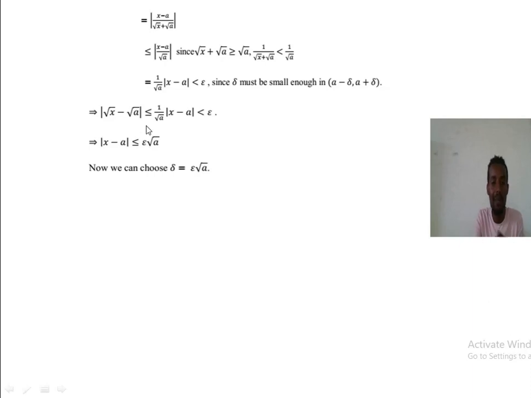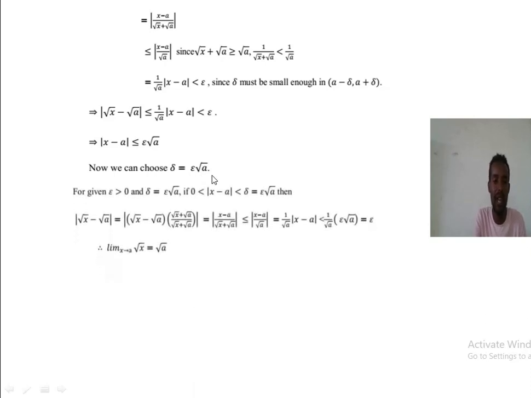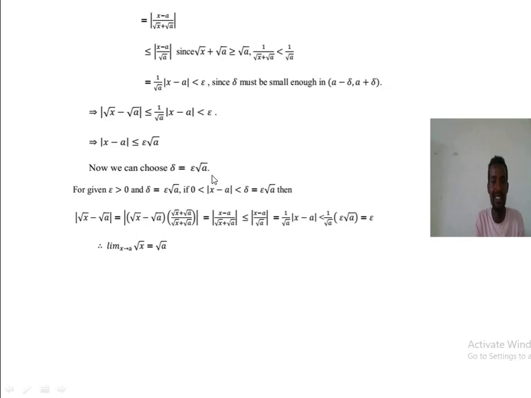Now, by comparing the left and the right hand side, we choose delta as epsilon over epsilon times square root of a. Now let us check if this is true. For given epsilon greater than 0, our delta is epsilon times square root of a.